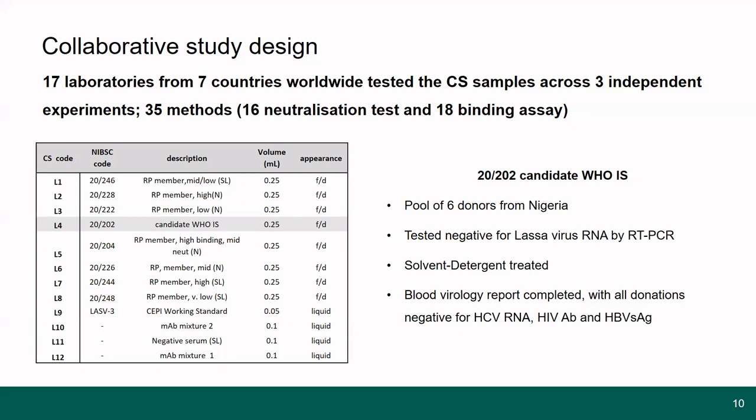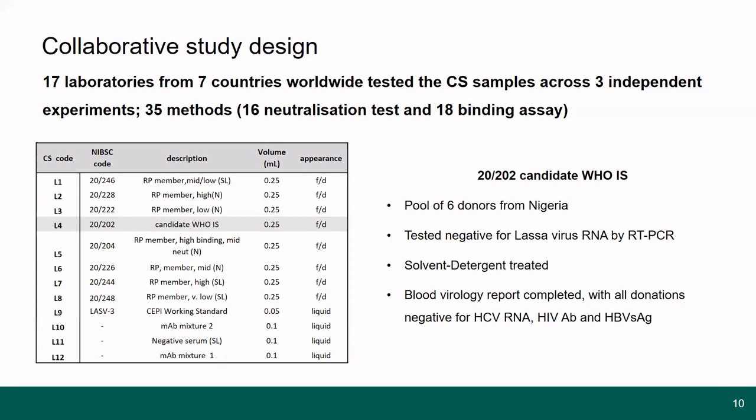So the standard per se is, as I said, nothing special, well, it's very special to us, it took a while to find it, but it is a pool of 6 donors from Nigeria, convalescent plasma. It was obviously tested negative for Lassa virus, and this was kindly done for us by Mario Kirip at UKHSA.